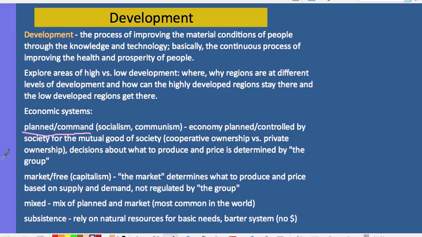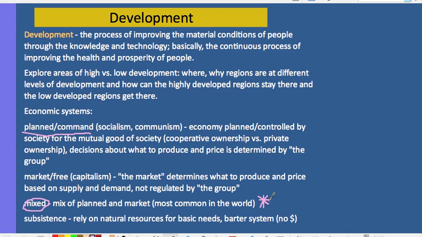Mixed is a mixture of both of these systems, a mix of planned and market. And this is really the most common in the world. So really no country or very few countries have a strictly command or planned society, maybe with the exception of North Korea.